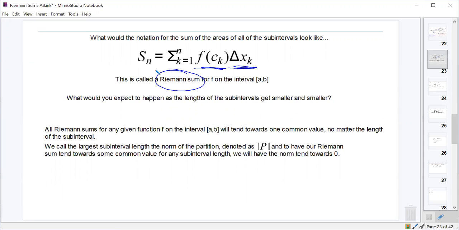And as we talked about, as the lengths of those subintervals get smaller and smaller, it's going to allow us to have a more accurate representation of that area. Good? Hopefully good.